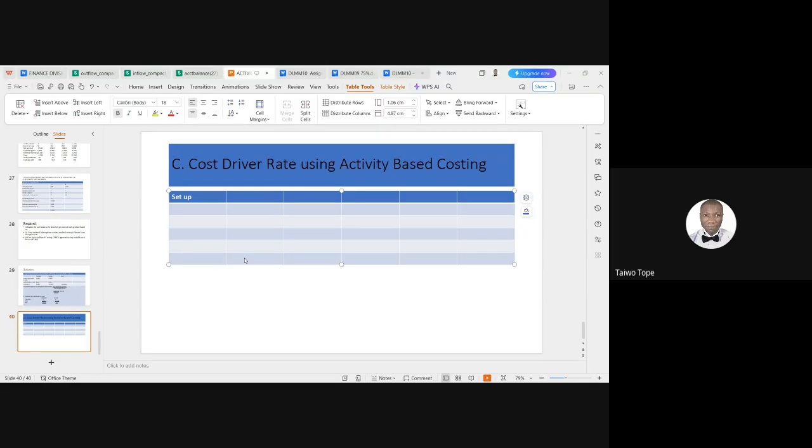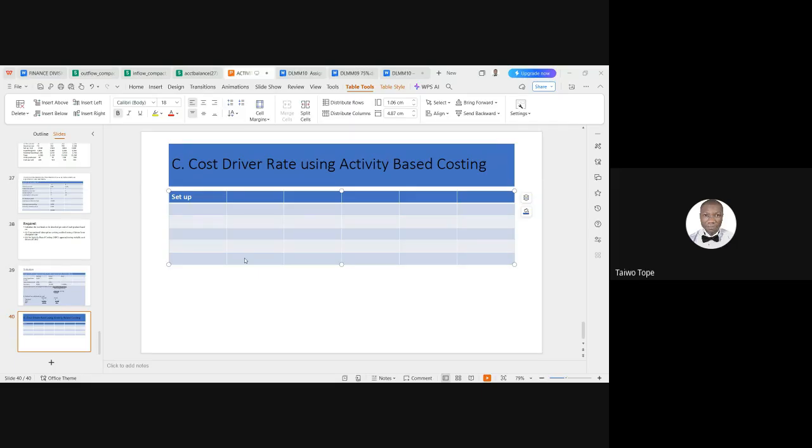From the question, let's go to the question. We have number of setups per batch. We have it as 2 for standard, and for the loss it is 6.